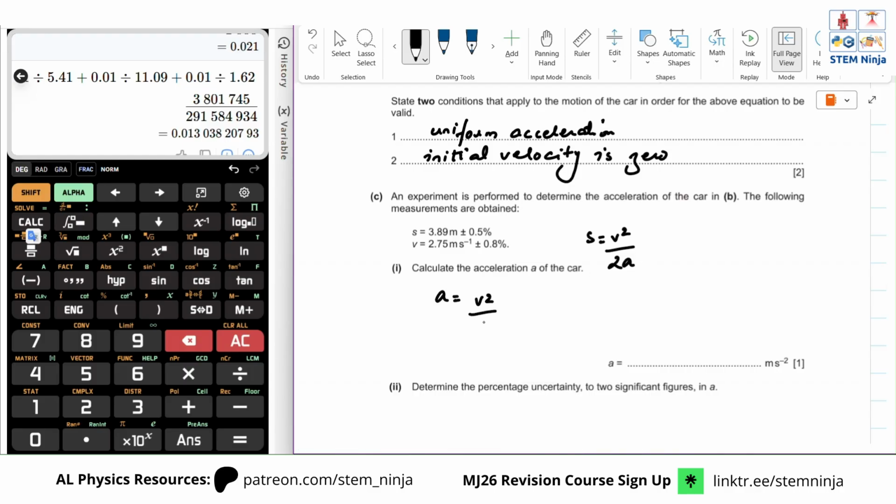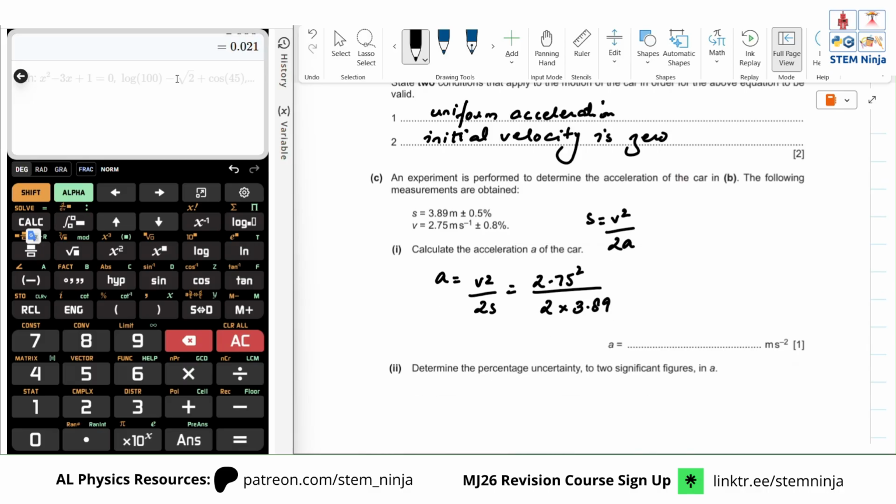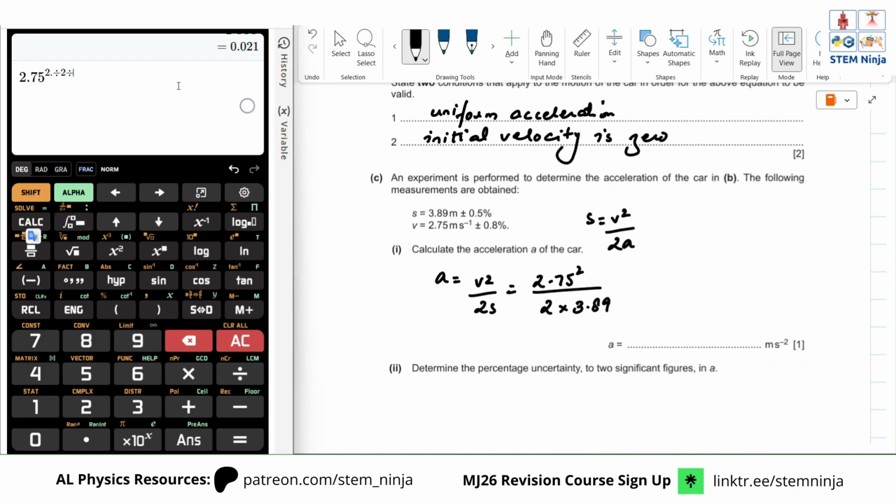So a is v squared over 2s, v is 2.75 squared over 2 times 3.89. So this would be 2.75 squared divided by 2 divided by 3.89.